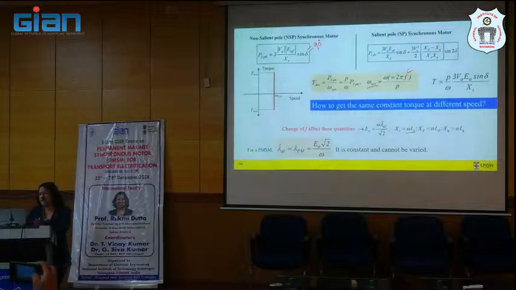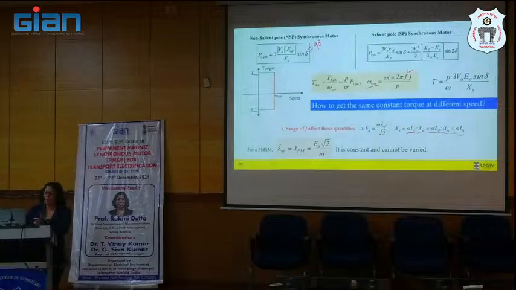These are all omega times inductance. So if you change frequency, your omega is going to change, so this reactance is going to change. And your back EMF is also going to change, right? Because back EMF is omega times flux linkage. So if omega or f changes, then this quantity is going to change.